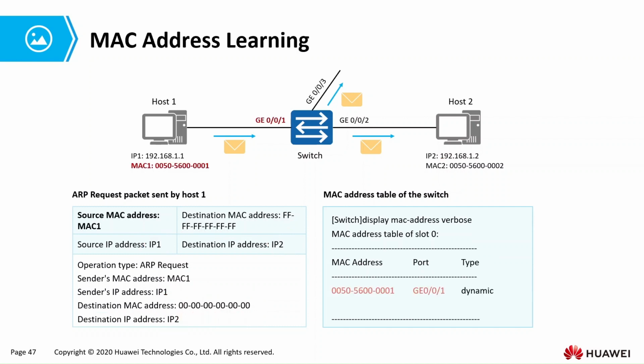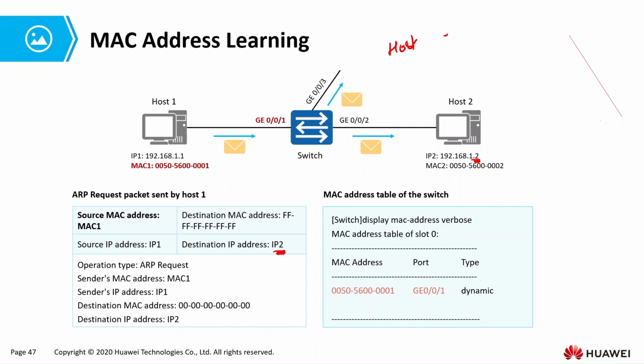So once you send the broadcast ARP, host 2 receives it. For example, if I am host 1, it's not my IP address, right? So I just ignore it. But on host 2, I see, hey, this is my IP address, 1.2. So what happens? I will send a reply to the ARP request.